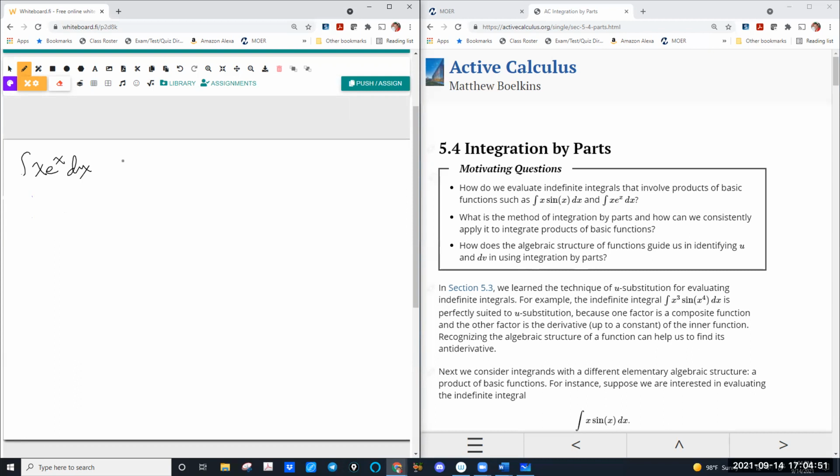With integration by parts, we use the entire integral. We're going to let one piece of it be u and one piece of it be dv. These are the ones we get to choose. After we choose those, we're going to calculate du, which I'll put here, and v.